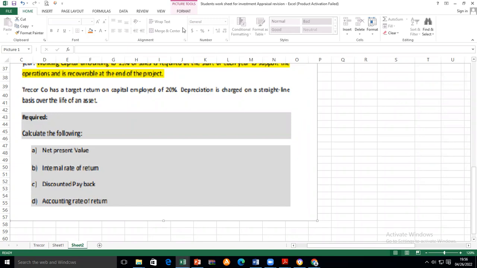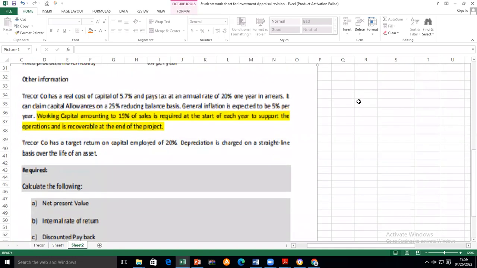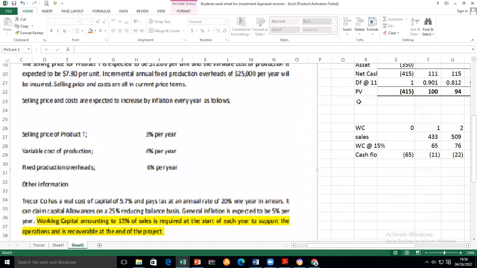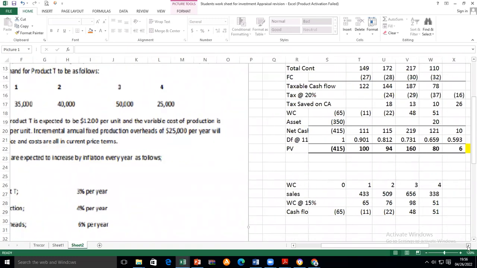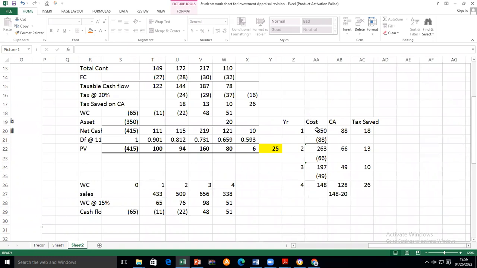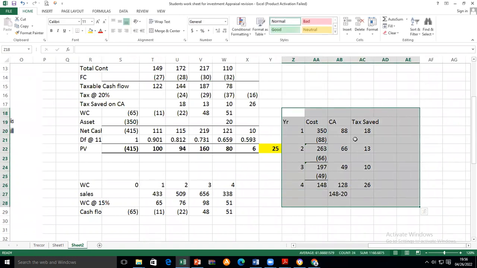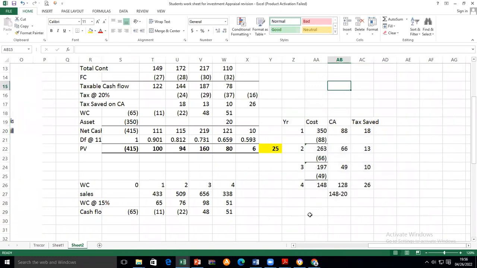Yes, Bertram. Yes, sir. I've got a question on the reducing balance method. I know I've understood how to calculate the reducing balance method. What about in the situation where they say that you use the straight line method? Is there any situation like that?